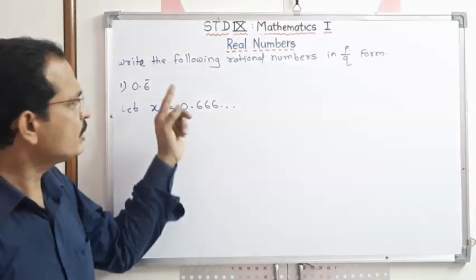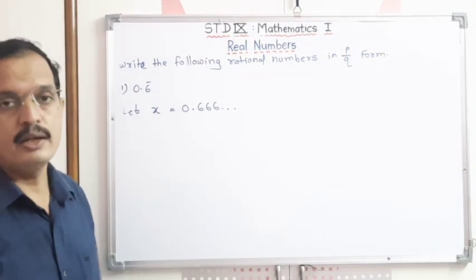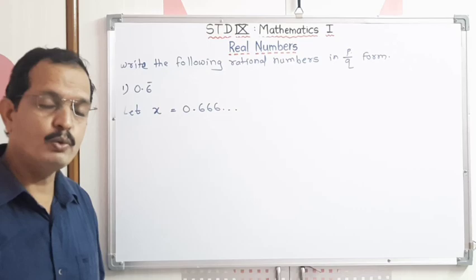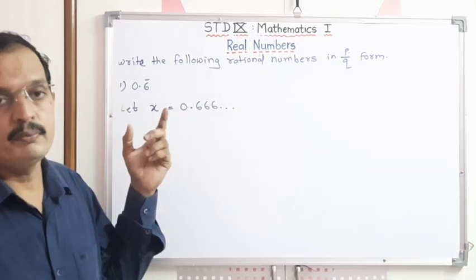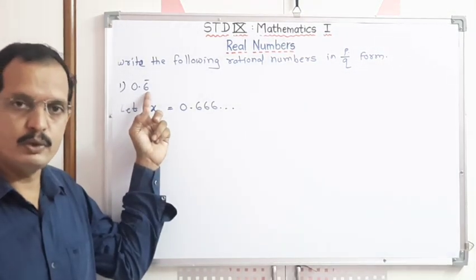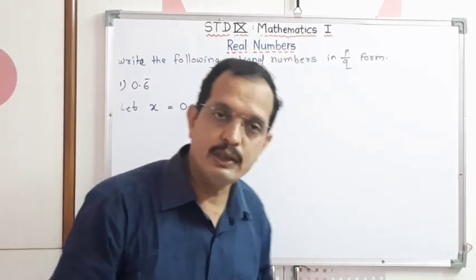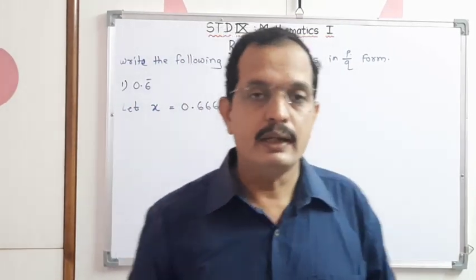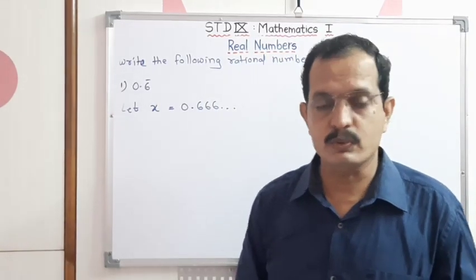Now the recurring is of 1 digit, and for that purpose we have to multiply both sides by 10. If the recurring is of 1 digit, then we multiply with 10. Recurring of 2 digits, then we multiply with 100, and recurring of 3 digits, then we multiply with 1000.